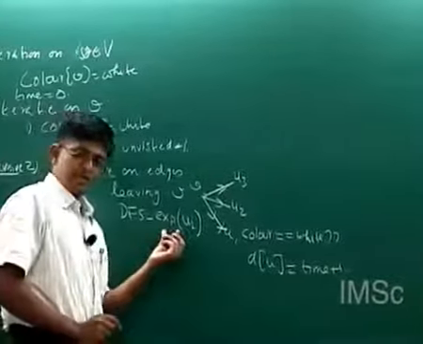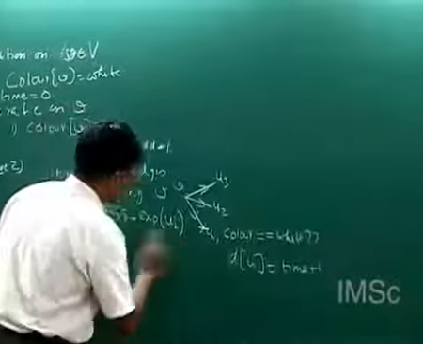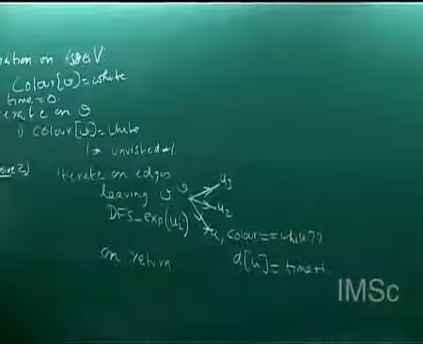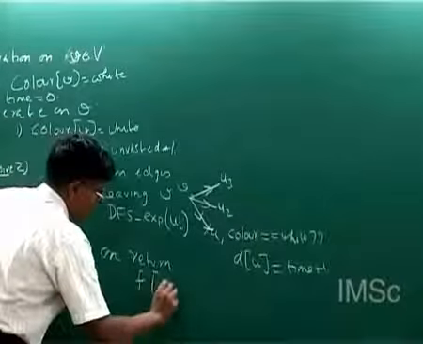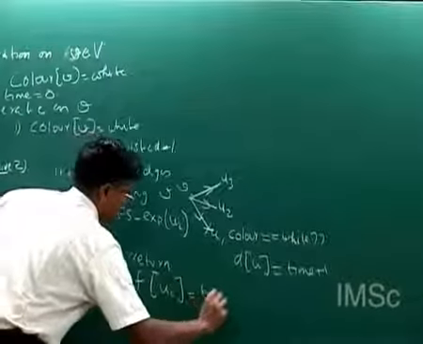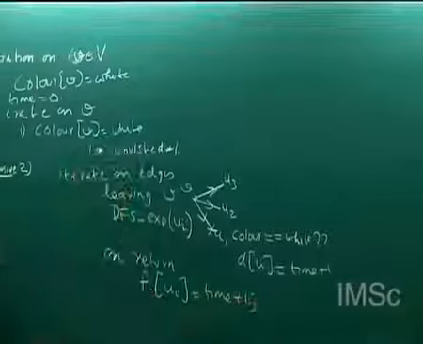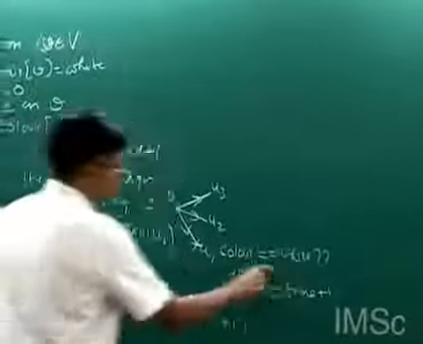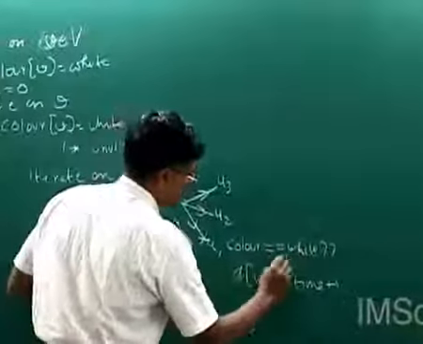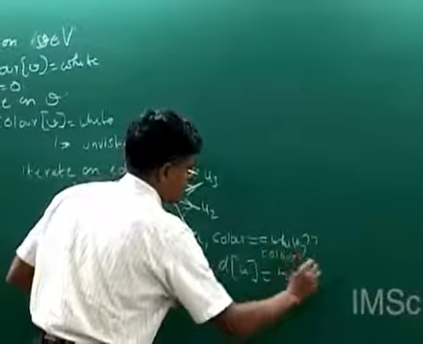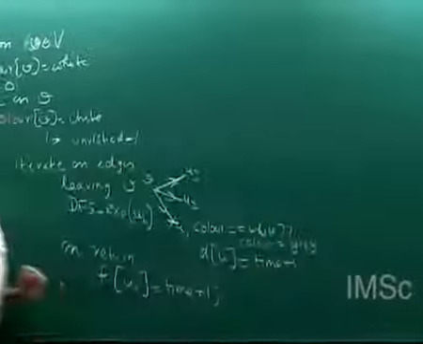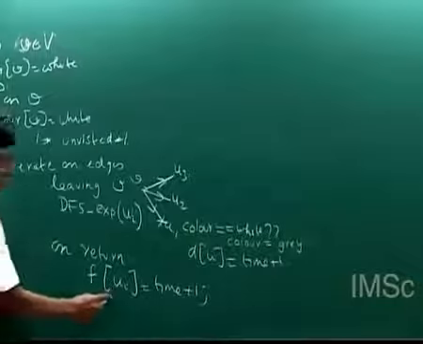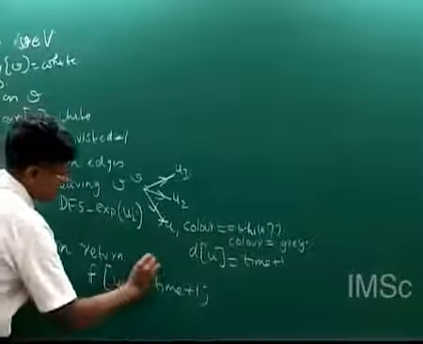And on return from this recursive call, update f of ui equal to time plus 1. Now also here, when you change color, you change color to gray, and on return, before you increase this, you change color to black.